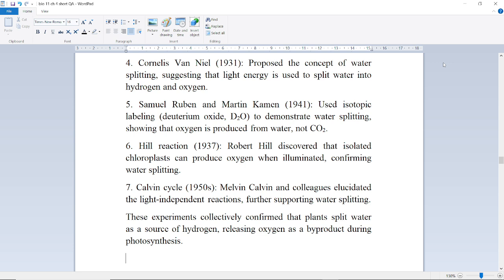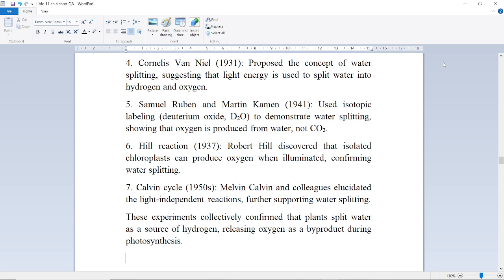Samuel Ruben and Martin Kamen, 1941, used isotopic labeling with heavy water (D2O) to demonstrate water splitting, showing that oxygen is produced from water, not carbon dioxide.